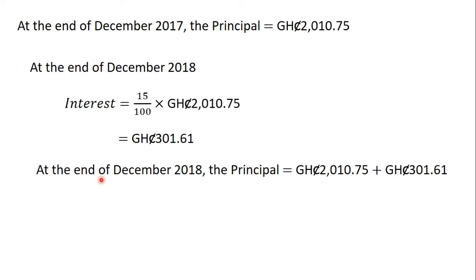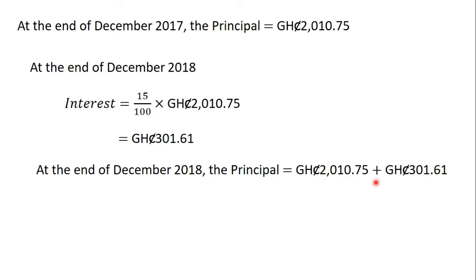This means that the amount of money in his account at the end of the third year, at the end of December 2018, is equal to the principal that we started with, which is 2,010 Ghana cedis, 75 pesewas, plus the interest at the end of the year, which is 301 Ghana cedis, 61 pesewas.